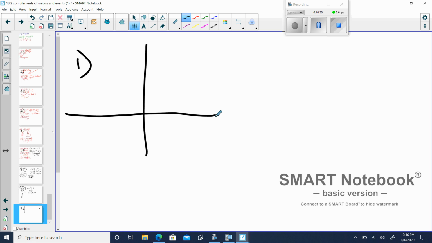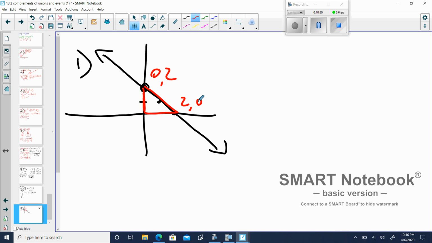All right, so 1. y equals negative x plus 2. So down 1 over 1. So we could draw a triangle out here. So we have 0, 2, 2, 0, right?